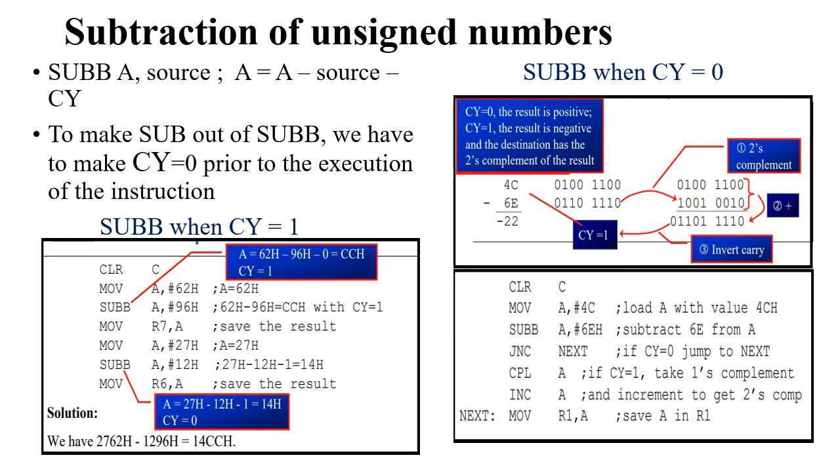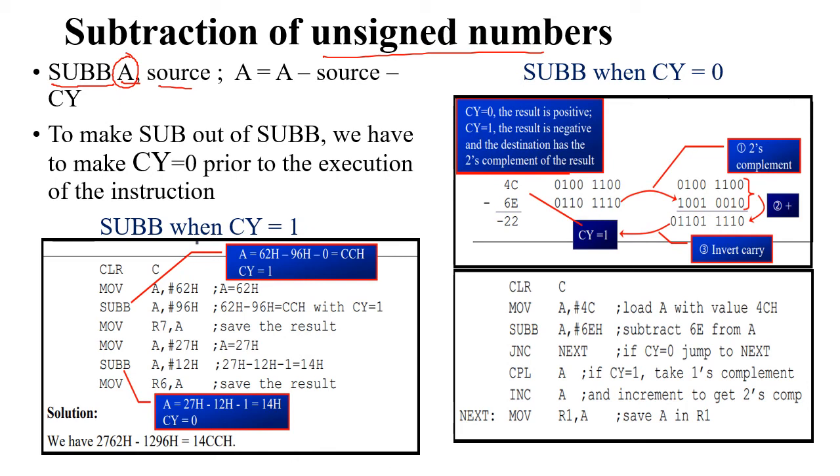In this slide, we will be discussing the subtraction of unsigned numbers. In order to subtract two numbers, we have the instruction SUBB, which is the mnemonic, A comma source. Same as addition, one of the operands should be the accumulator in the case of subtraction as well.